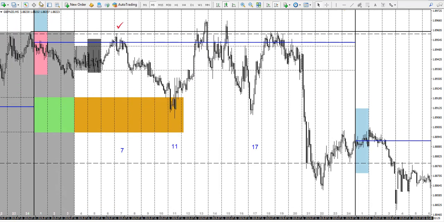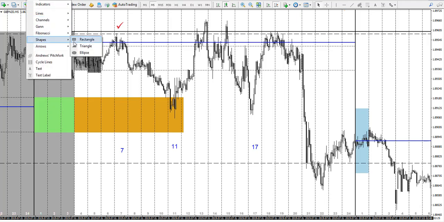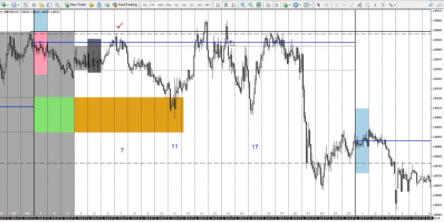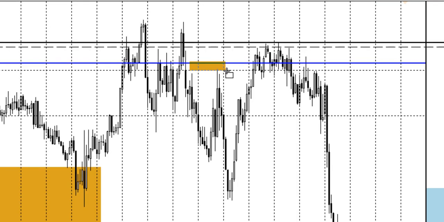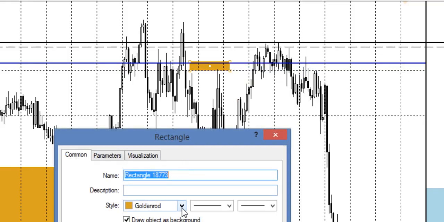And if you have a look at the resting liquidity there, this is a clear signal. These two highs here, this high and this high, formed a liquidity pool.